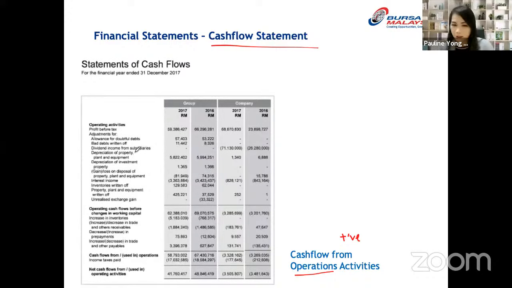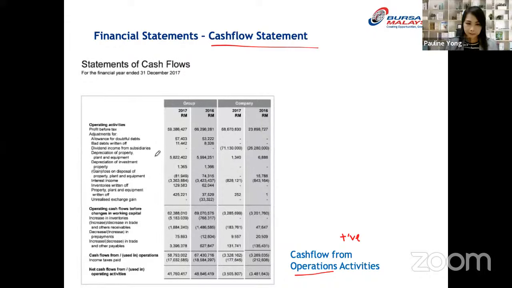The operating activity is the way you run your business, from buying your inventory and raw material, and then producing it. After you produce it, it turns into your stock, and then you sell it to your customers and collect money from them. After you collect money from your customers, you pay your suppliers. The money goes one round like this. So it's your working capital.